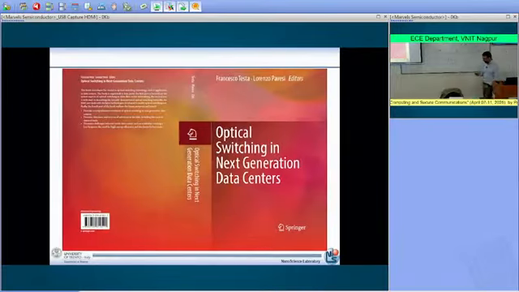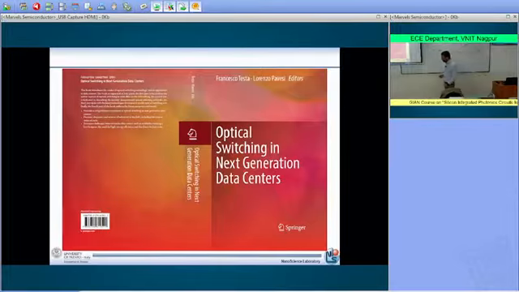In the past, together with Francesco Testa, we edited this book about the use of optics to switch and route the signal in data centers.